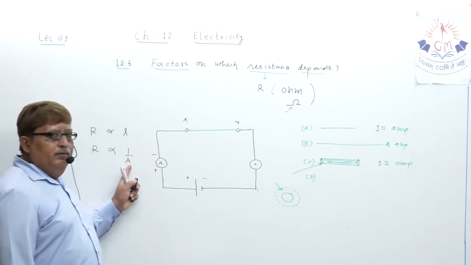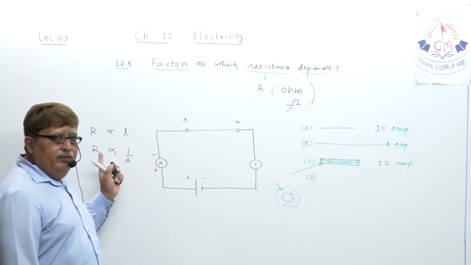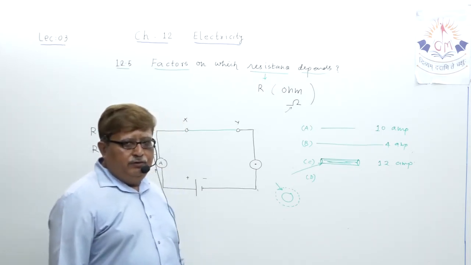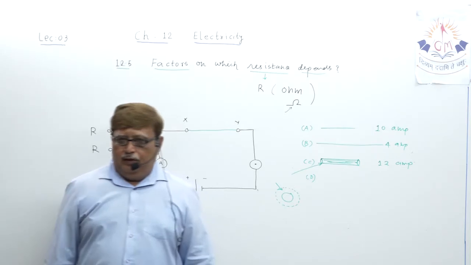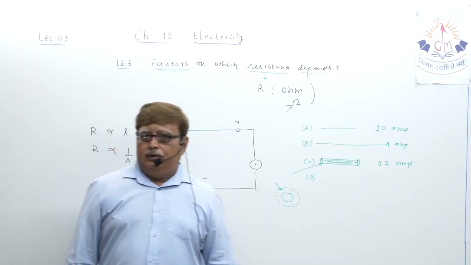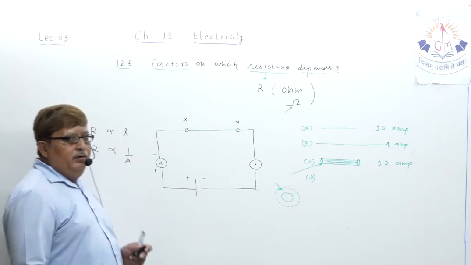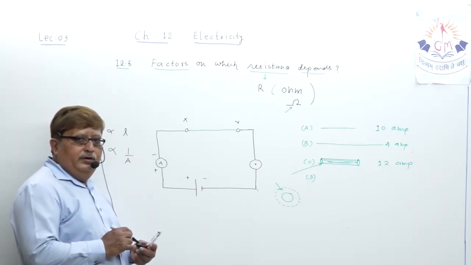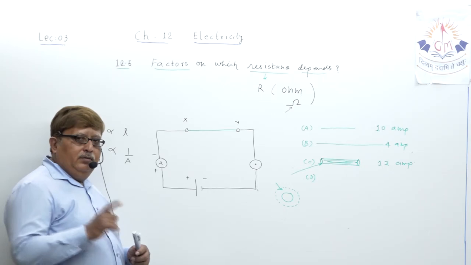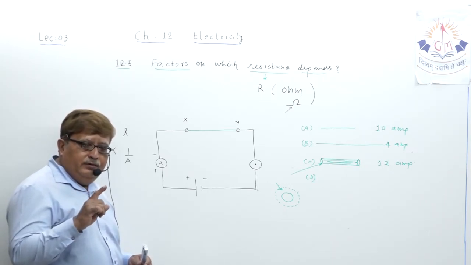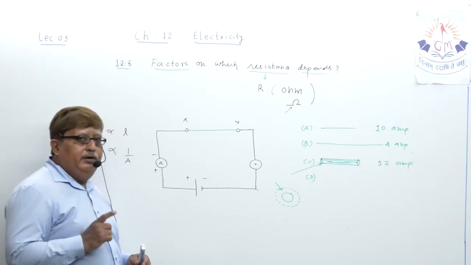Here one quantity increases, one decreases. You understood also in standard 8. Direct variation, inverse variation. In direct variation, both the quantities increase or decrease simultaneously, but in inverse variation, if one quantity increases, then the other quantity decreases.